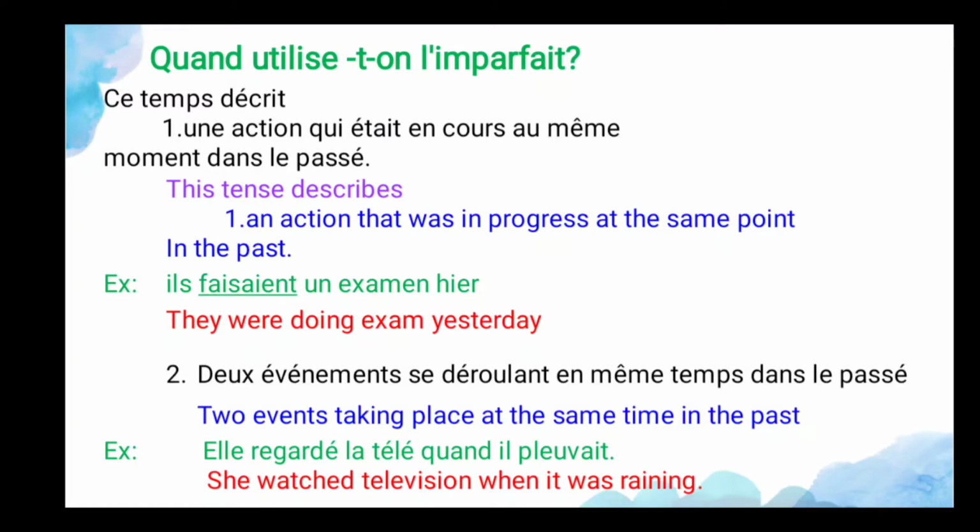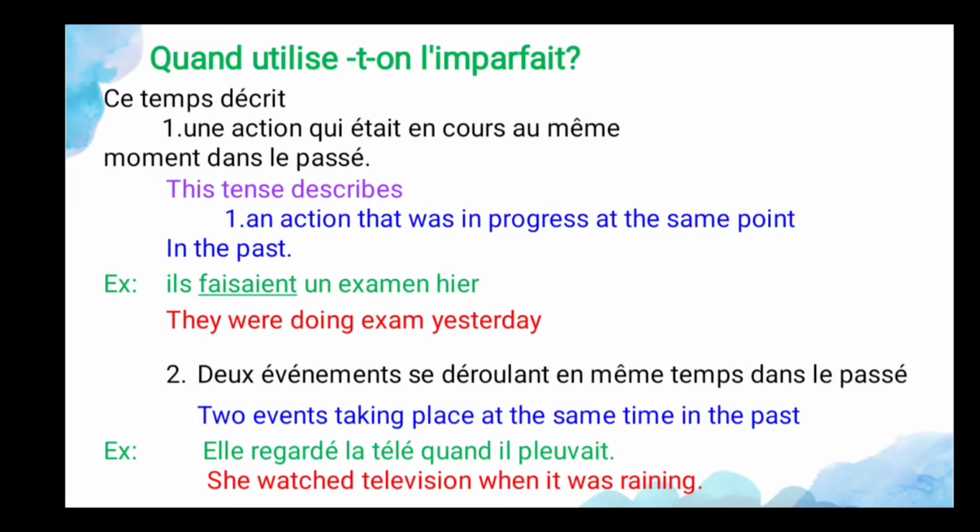See the example. Ils faisaient un examen hier. So they were doing exam yesterday. That faisaient, it means what? Were doing. It refers to what? That is imperfect. An action in progress in the past.